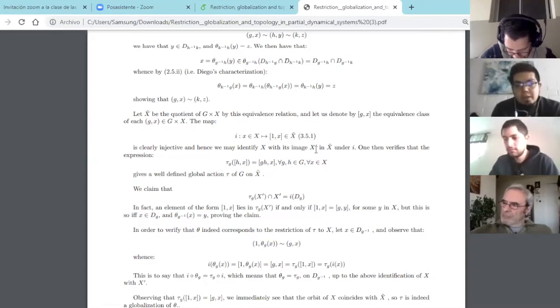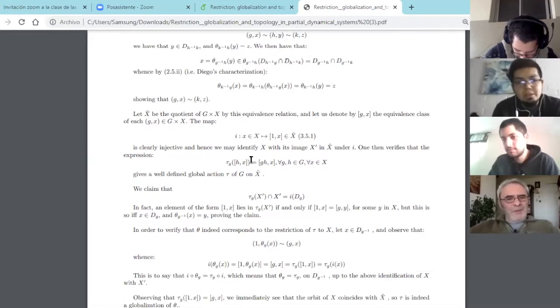So I want now to define the global action. Yeah, and it should be what we want it to be. So a global action of a certain object G acting on this pair.